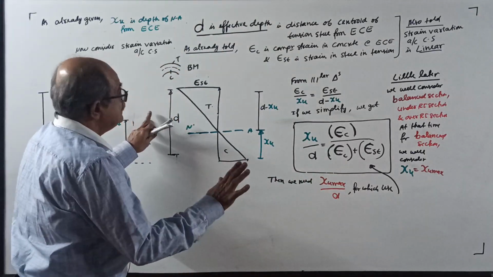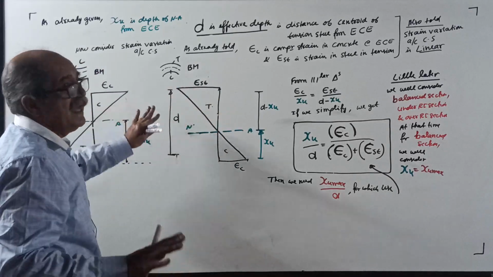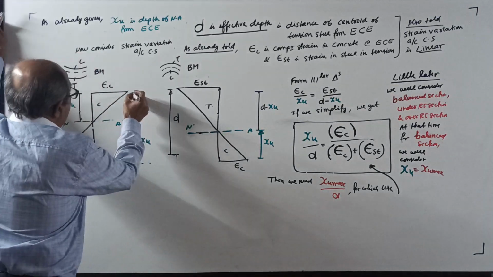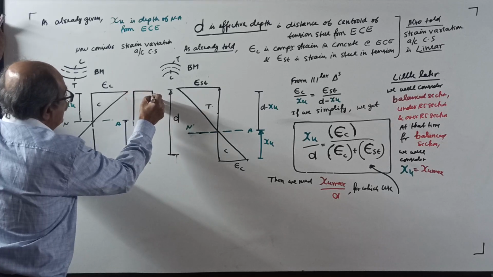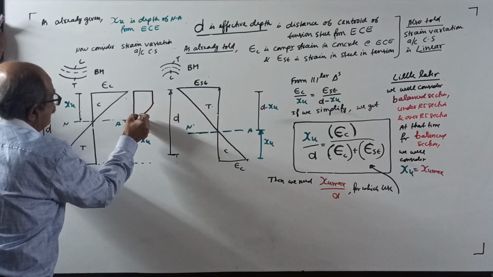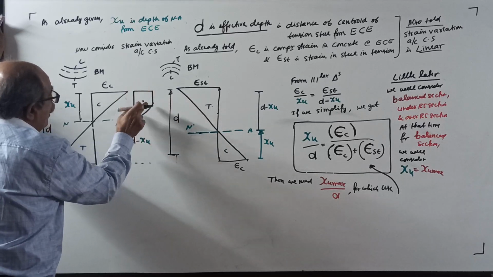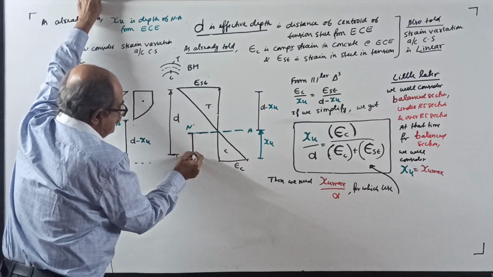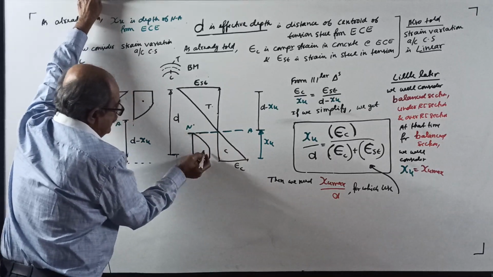Okay, now, just for information, first take a screenshot of this one. Don't disturb the diagram. Take one more screenshot. If you draw a compressive stress diagram now, it will be like this. CG will be somewhere here. Average will be 0.36 fck. If you draw the compressive stress diagram here, it will be like this.